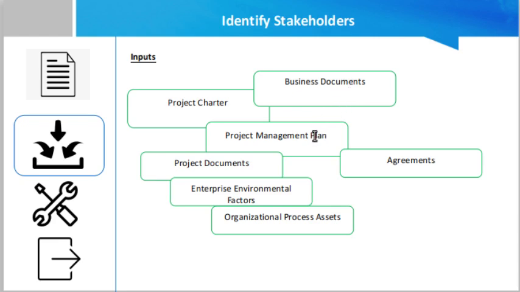Then the project management plan. Always remember that the project management plan is a combination of different plans. Then project documents like the assumption log, scope documents, project schedule, etc. Then agreements. Agreements means the contracts with the customers, specific contracts, etc.